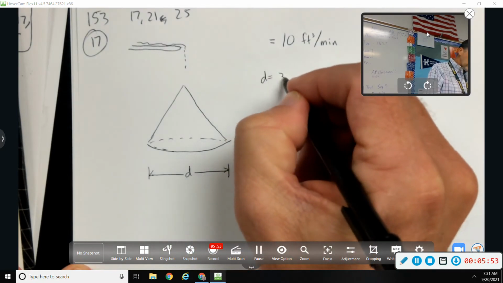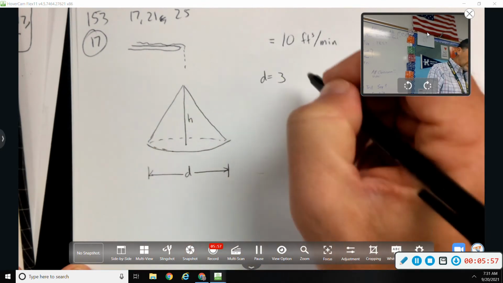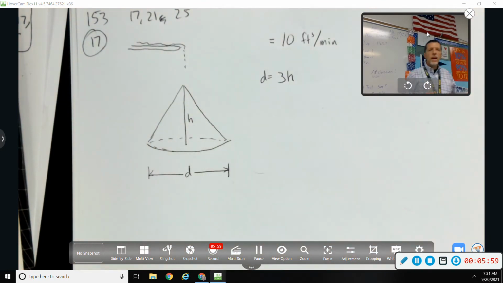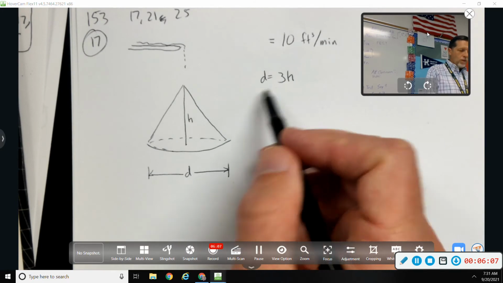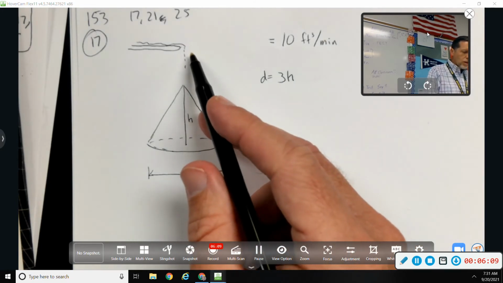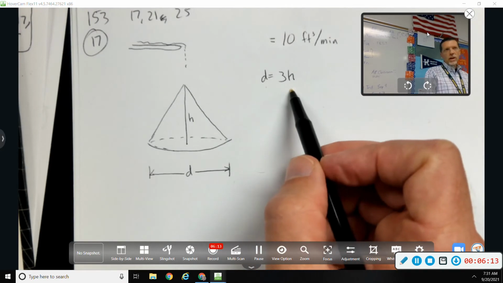Diameter is 3 times altitude, which would just be a fancy word for height. So I'm going to say diameter is 3 times the height. And I think that is a constant ratio, I guess. So as more and more sand gets poured on, the pile gets bigger, but the diameter is always going to be 3 times the height.